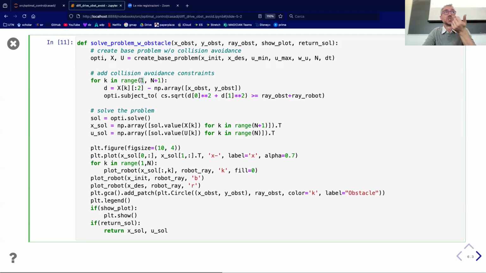No. No, because the initial state is fixed. So it doesn't make sense to add constraints on the initial state because it's already maximally constrained. We have the constraint that x0 should be equal to something, so we cannot add inequality constraints on top of that.